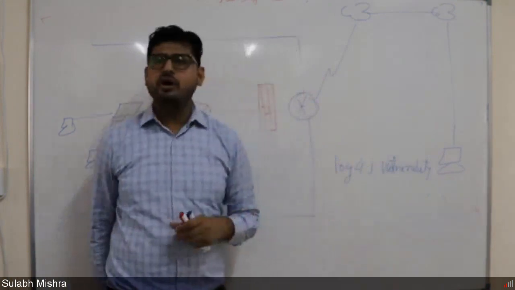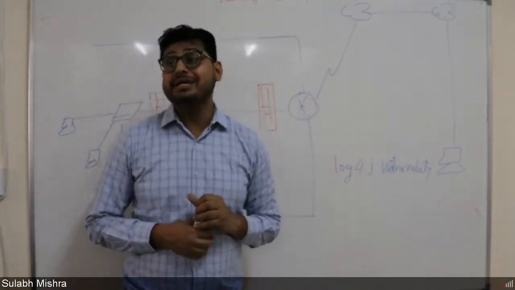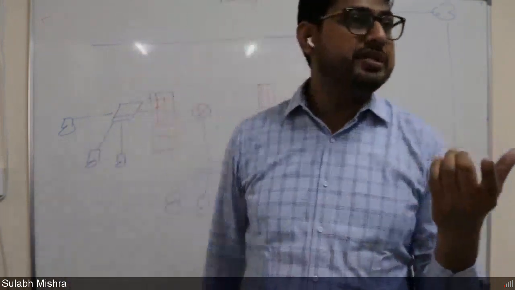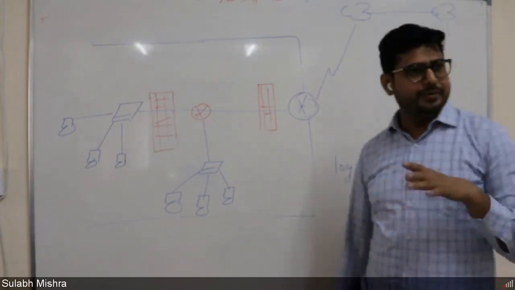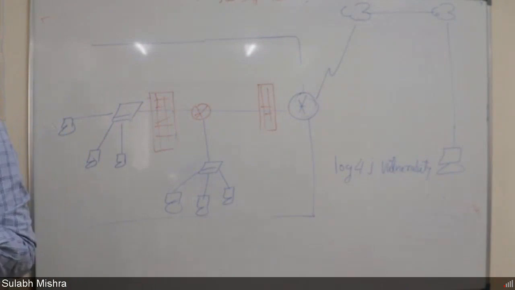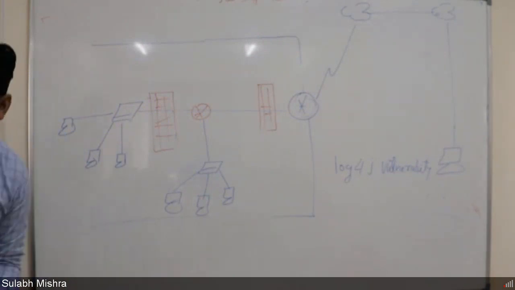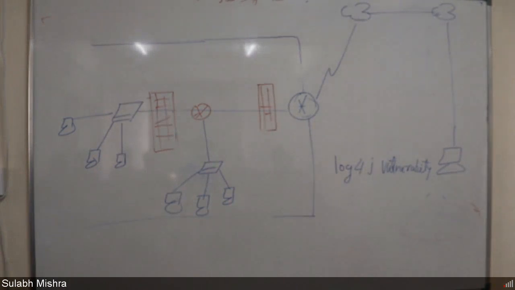What is the Log4j vulnerability? Vulnerability means weakness. Vulnerability is the technical word that we use in cybersecurity, but the actual meaning is weakness. What is the Log4j weakness? A weakness can be on a network device, security device, server, or application. It can be anywhere, on any digital device.